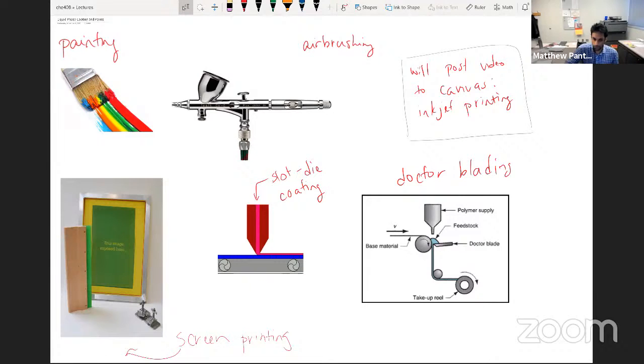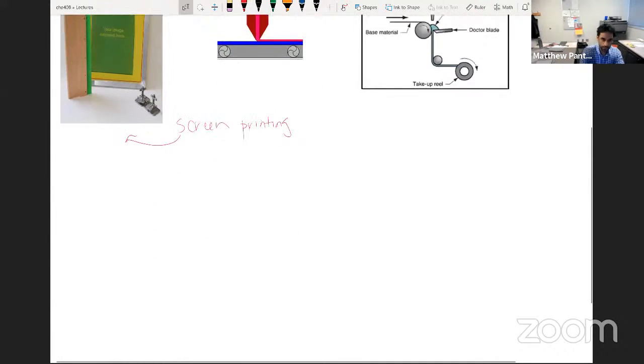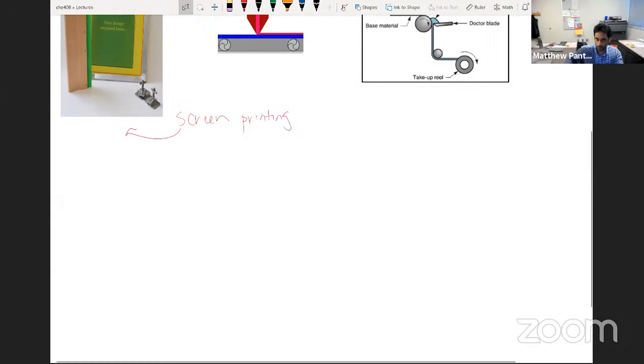There's very fast stuff happening in each of those processes, more than you would expect. So I will post some videos related to that so you can get some background. It certainly incorporates colloid chemistry as well as a lot of engineering. So now we're going to talk about paint as a specific application of coating, and talk about the chemistry of paint and what's in there, stuff like that.